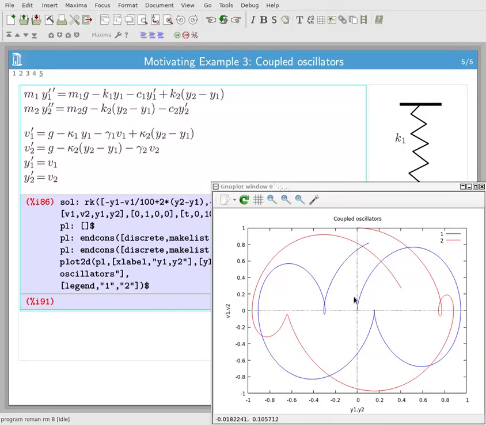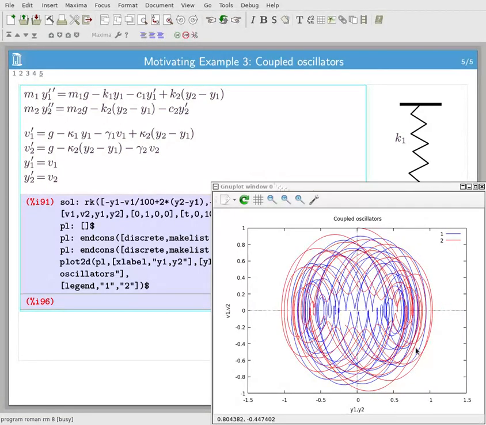Notice what is happening now. As we have a larger integration time, the point masses are describing complicated trajectories in this phase portrait space, as it's called. Pushing the integration time out to 100, you can see even more complicated behavior.